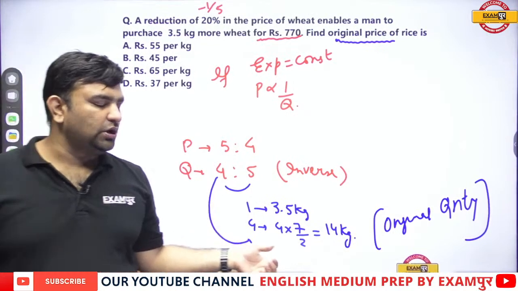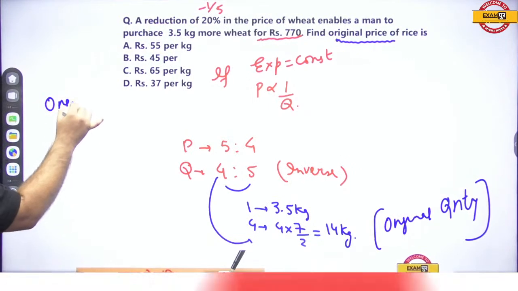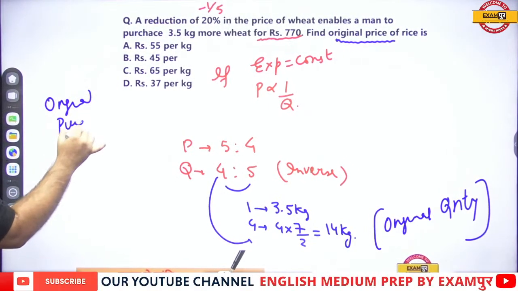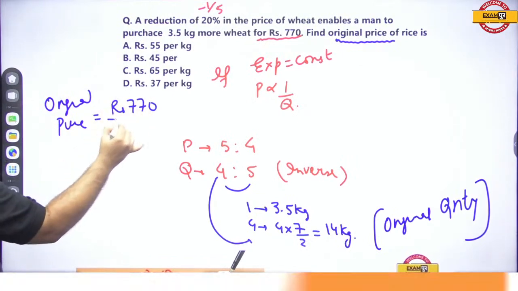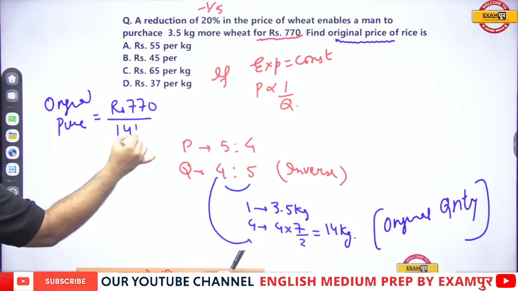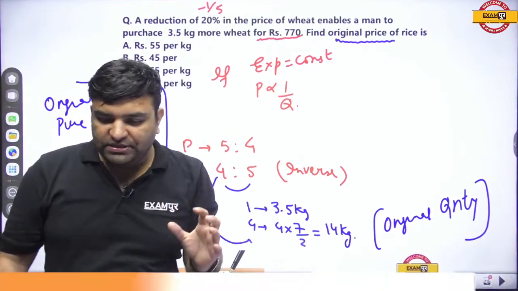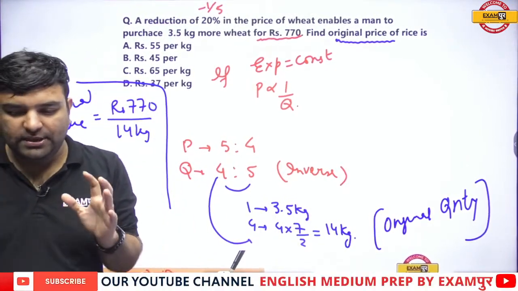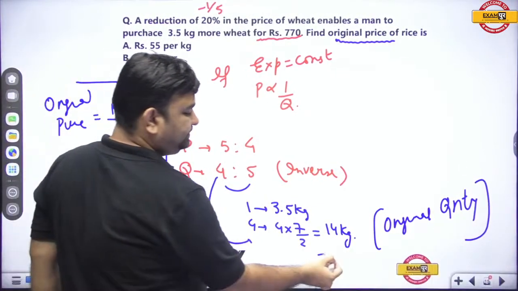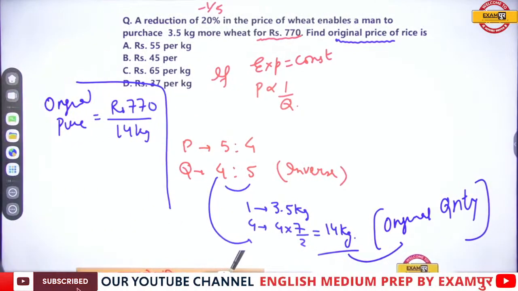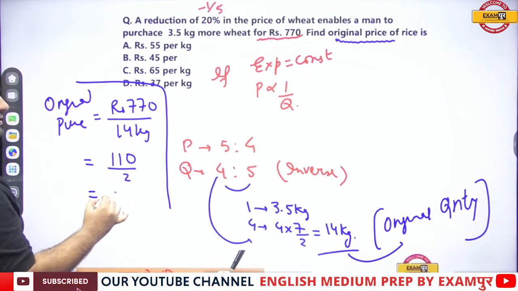I will only stick to the original quantity, because finding the original price has the role of only original quantity, that is 14 kg. Simplify. 770 upon 14 is 55 rupees per kg.